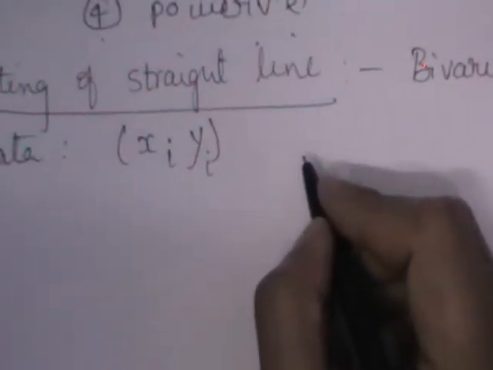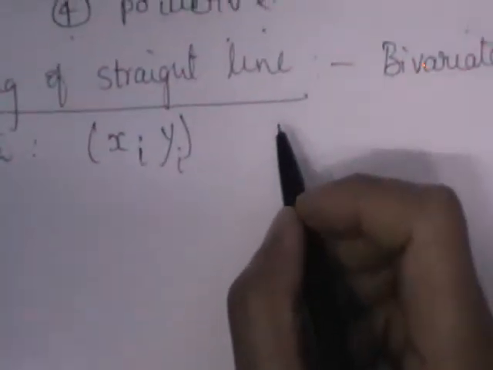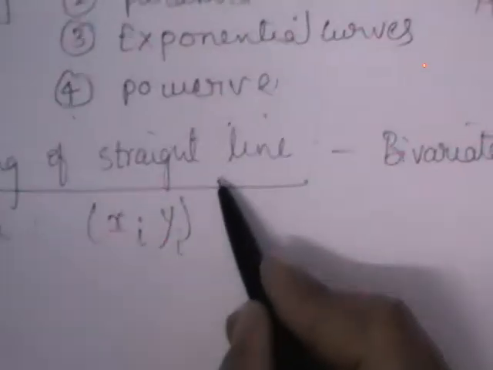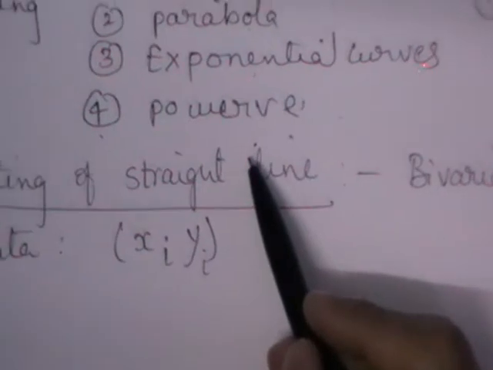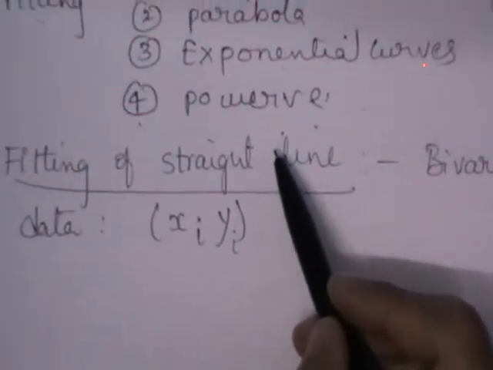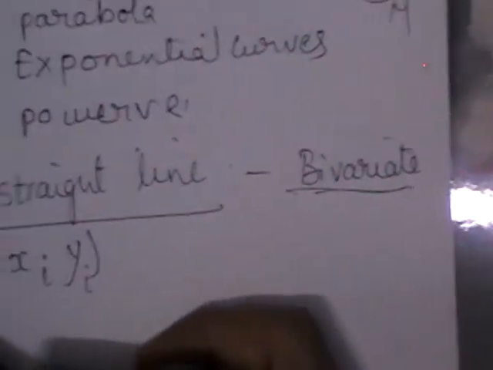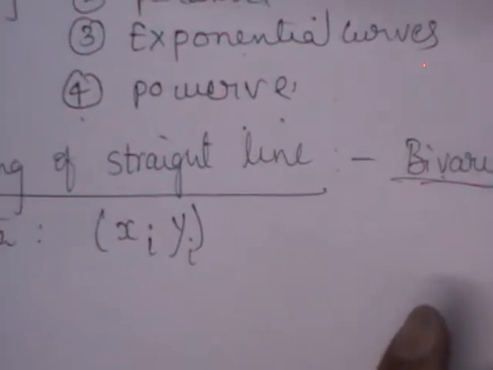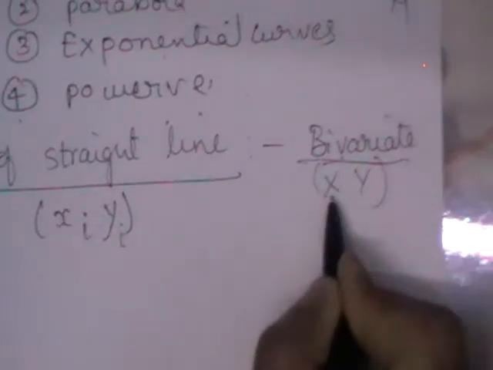To fit a straight line, let us see what the major steps are while writing the procedure of any curve. Now, is curve fitting related to univariate or bivariate data? It is only related to bivariate data, which involves two variables, x comma y.